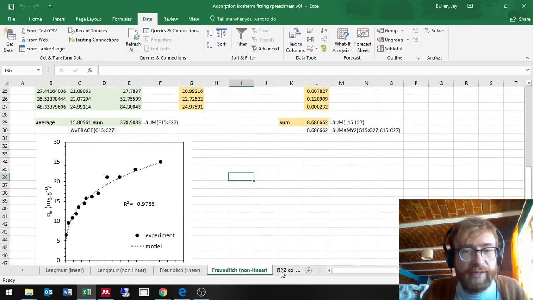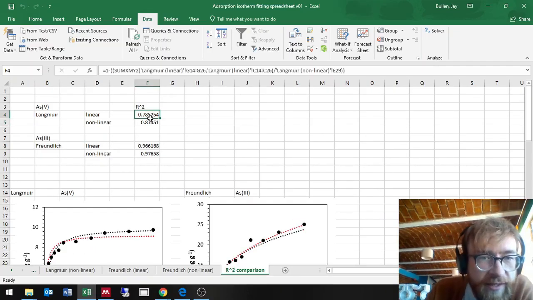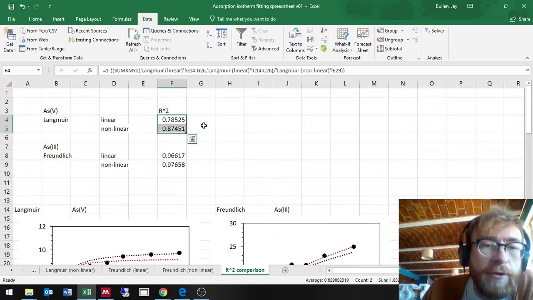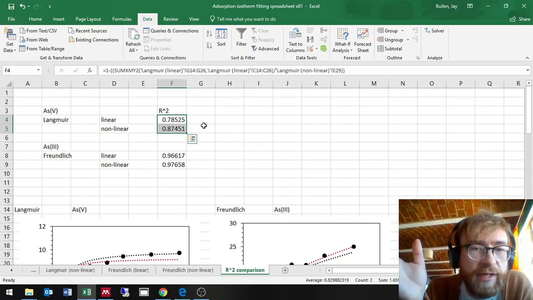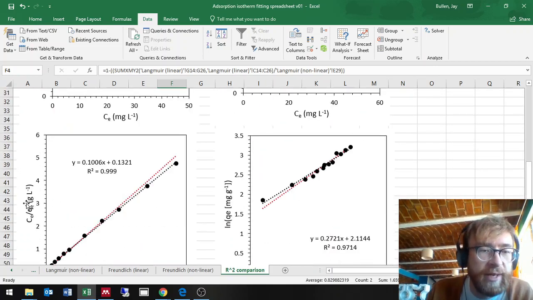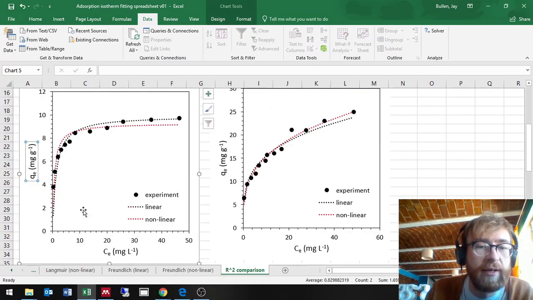Why does it matter whether you use linear or non-linear fitting? Well, it matters because you're going to get different quality of fits. So in the linear adsorption isotherm models, you're trying to improve R squared, but you have different y-axes and sometimes x-axes versus the non-linear adsorption isotherm fitting.